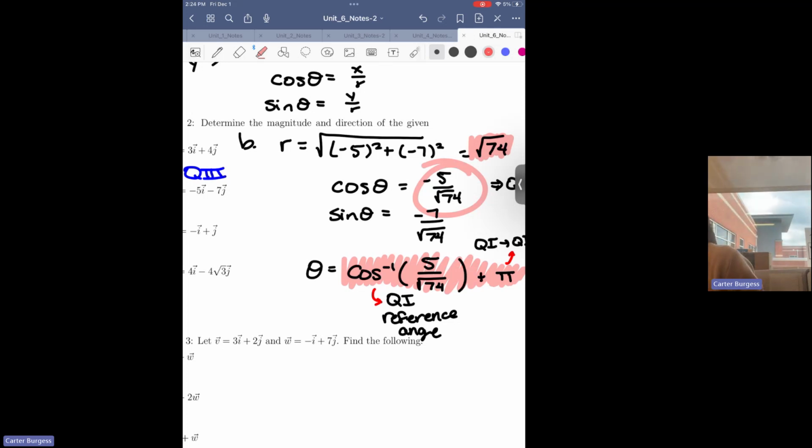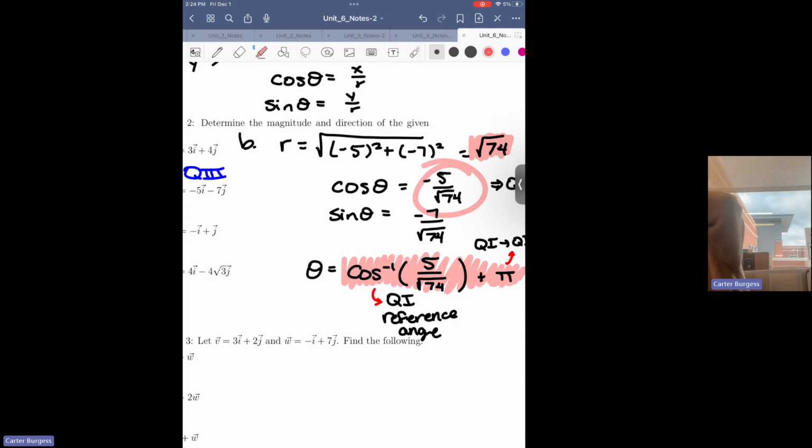If we want a quadrant 2 theta, then which of the two trig functions do we need to use? Sine or cosine? Cosine. So if we need a quadrant 2 angle, then we need to use inverse cosine. We would take that first line there and rewrite that as an inverse trig function statement.